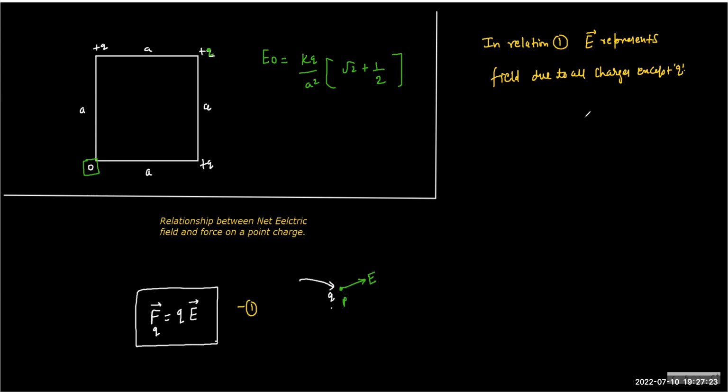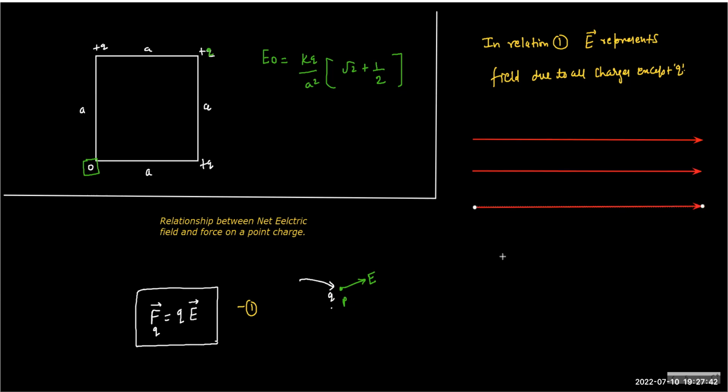Now, every time you're not supposed to calculate E. Sometimes E is given to us directly. So for example, we'll take a simple example. Let's say this represents the direction of electric field in a space. And you can see the field is everywhere pointing towards the right.